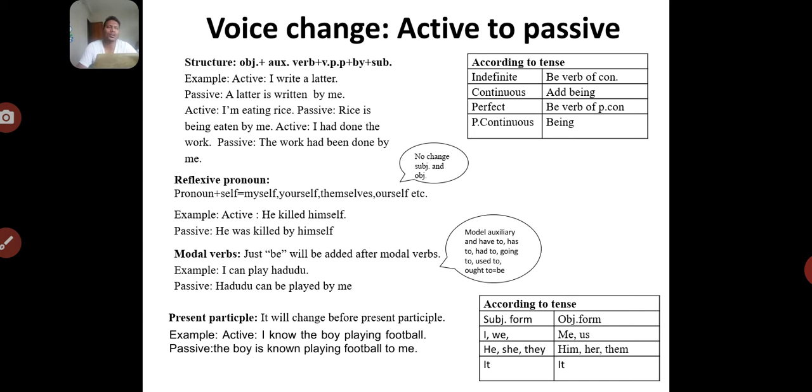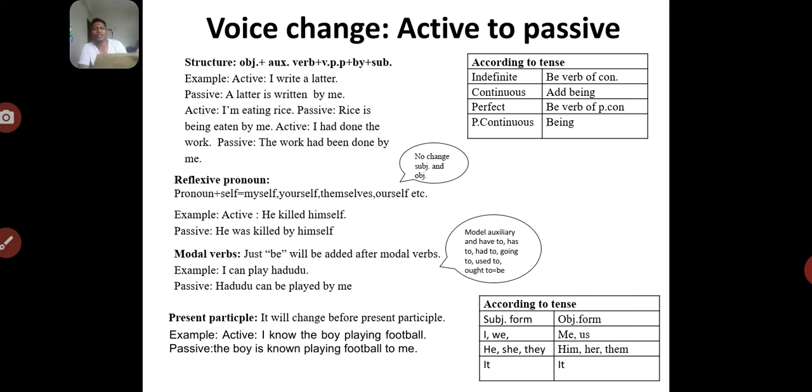That means it is not necessary to change. Why not? If we change the subjective form of myself, it will be I, and of yourself, it will be you. So it should not change.